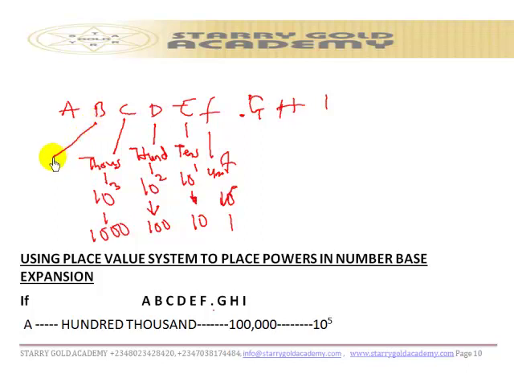B here is my tens of 1000, and that's 10 raised to 4. That's 10,000. A here is my 100,000.